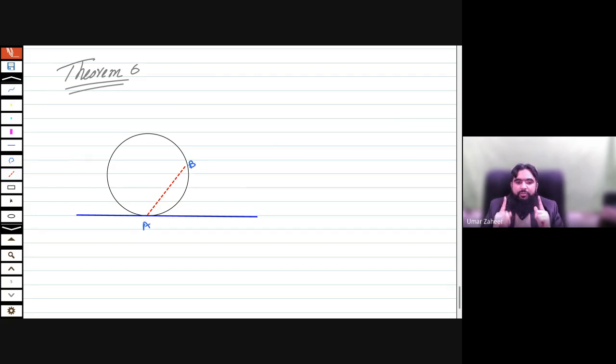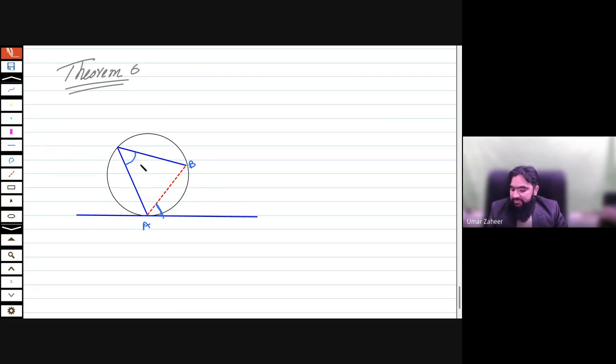Now, the theorem is: if the tangent and the chord are meeting at the same point, I'm not talking about that chord, then the angle between the tangent and the chord is exactly equal to the subtended angle from the same chord on the circumference, in the same segment.